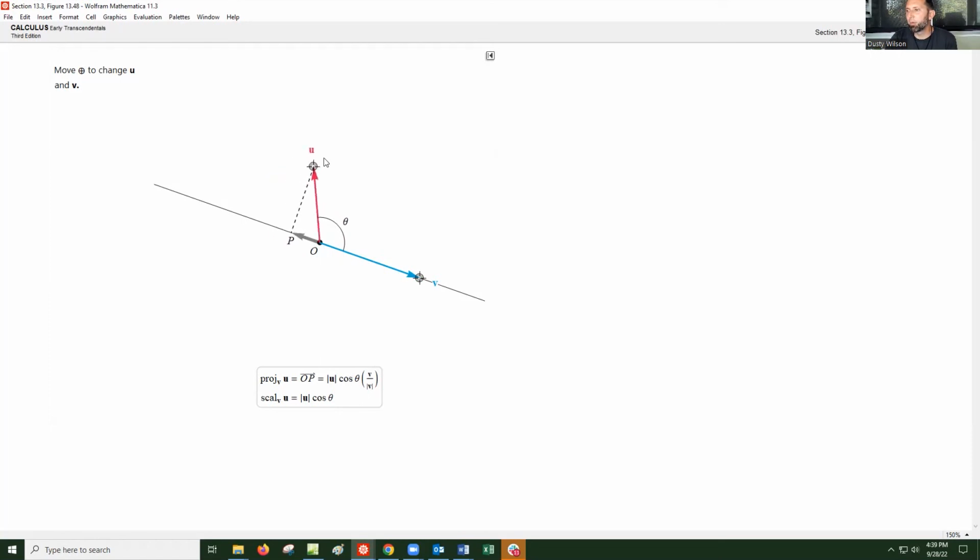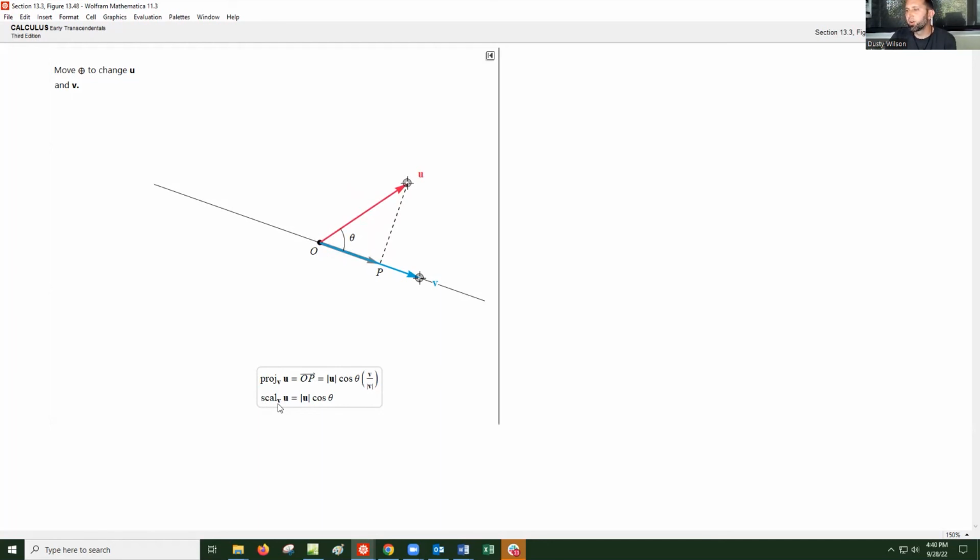If they happen to be perpendicular to each other, the theta is pi over 2, cosine is 0, and so your vector projection is basically the 0 vector, because they're not going anywhere. In this particular animation, I write the scalar of U in the direction of V. In the book, we use the component notation, so they would say component instead of scalar, same thing.